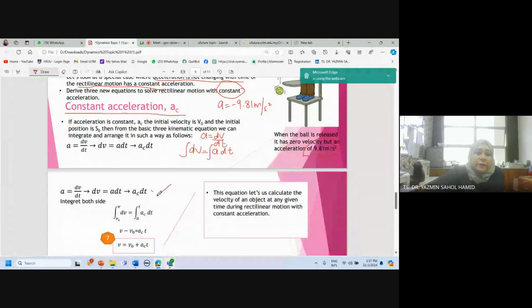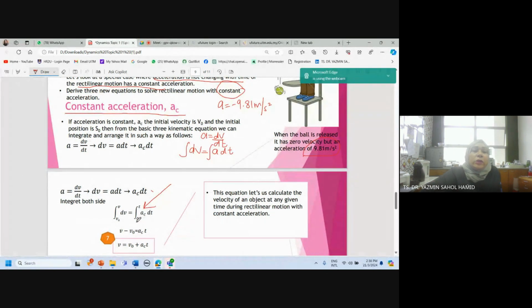When you integrate dv, it goes from v naught to v, and when you integrate a dt, you integrate from 0 to time t.